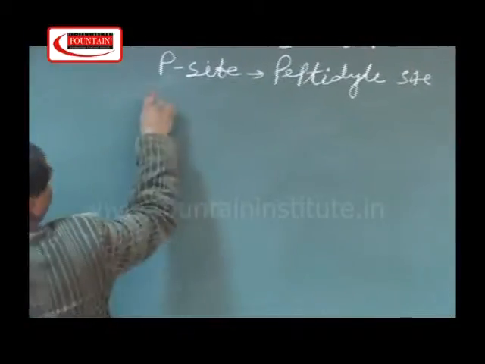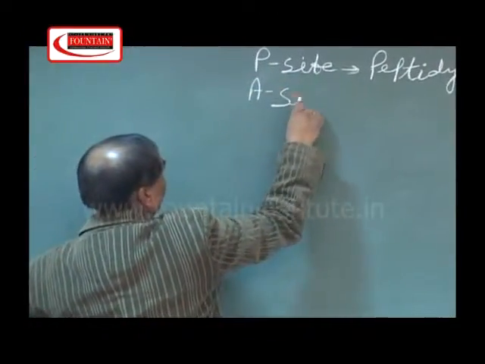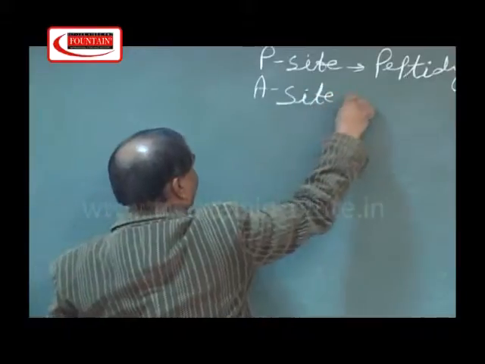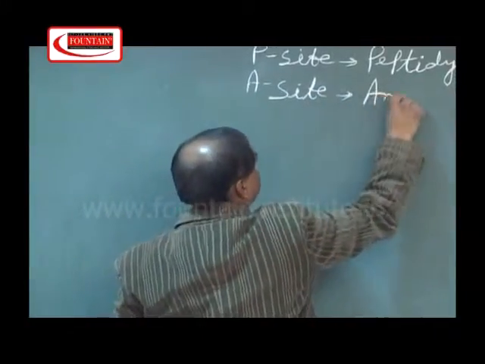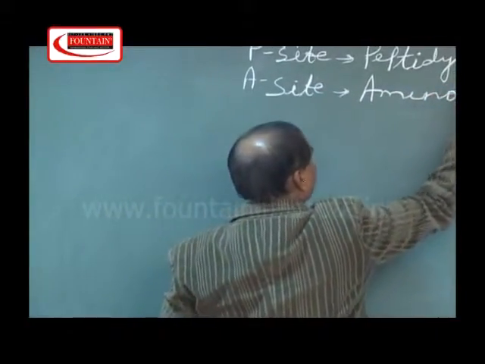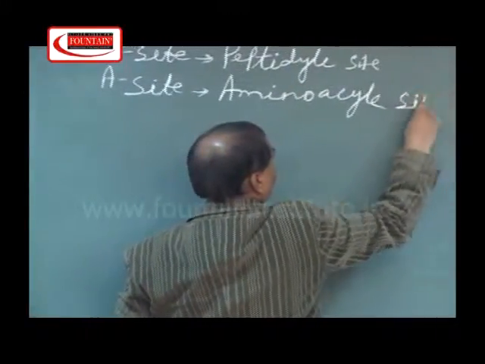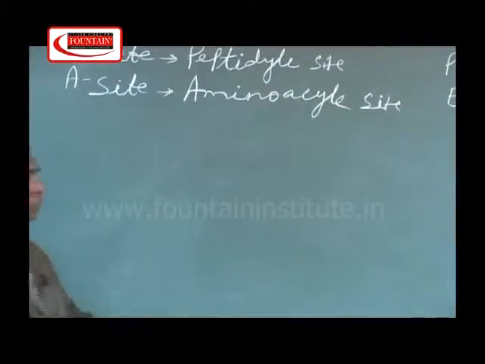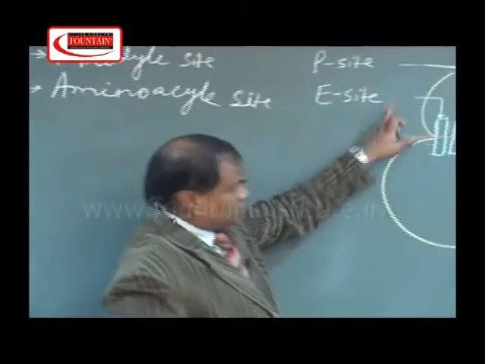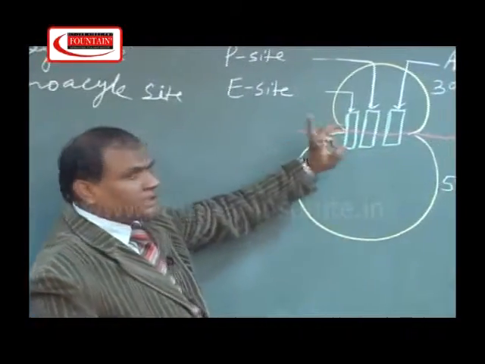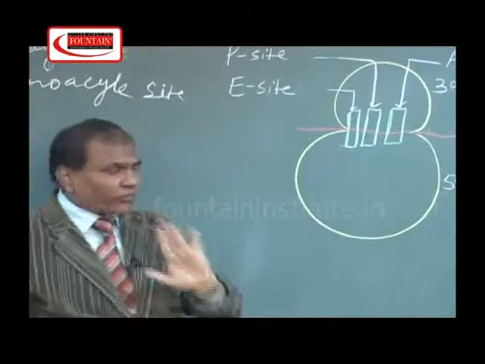And A site is aminoacyl site. So there are these three sites: E site, P site and A site.